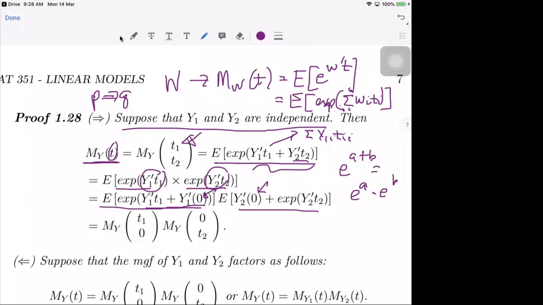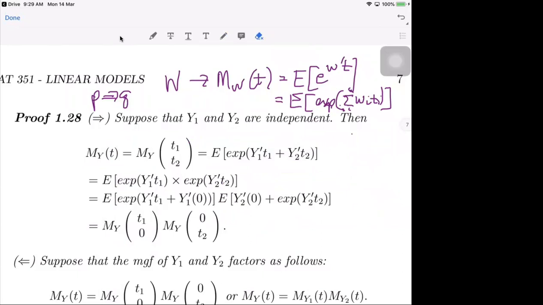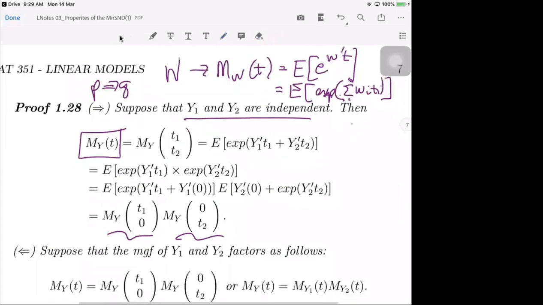But if you look, this is the moment generating function because this is simplified as the moment generating function of y at t1, so t2 is 0. And this is the moment generating function of y when t1 is 0 here. So in this proof, we have shown that if y1 and y2 are independent, then the moment generating function of y can be expressed as the product of its marginal moment generating functions.